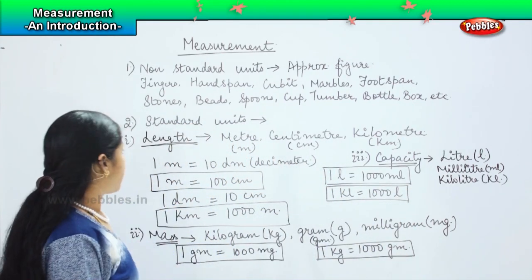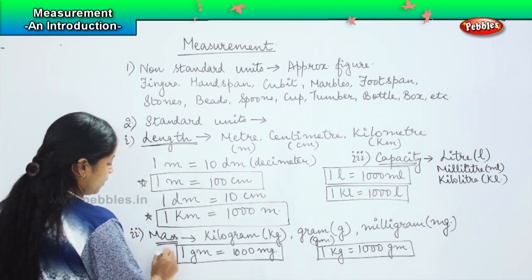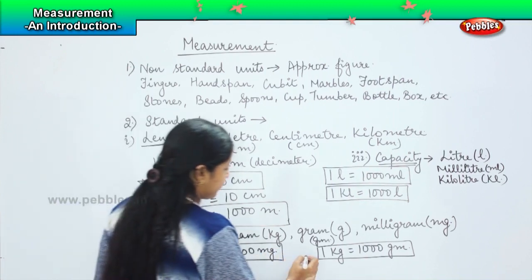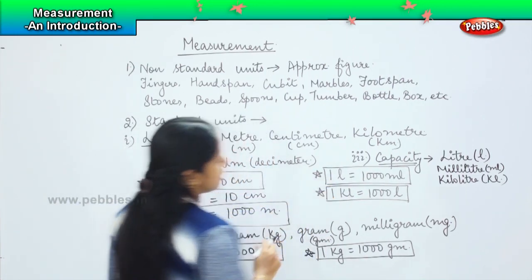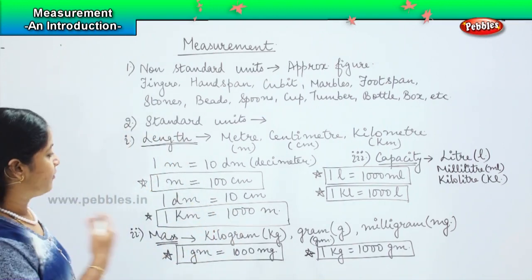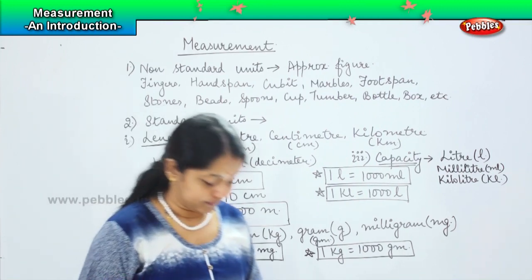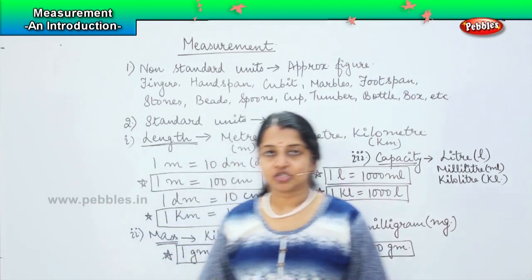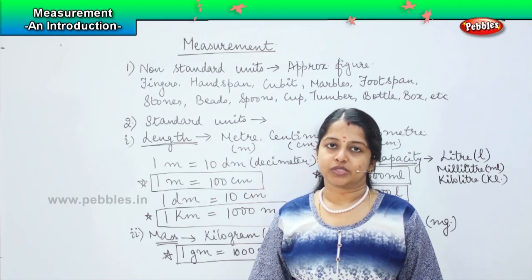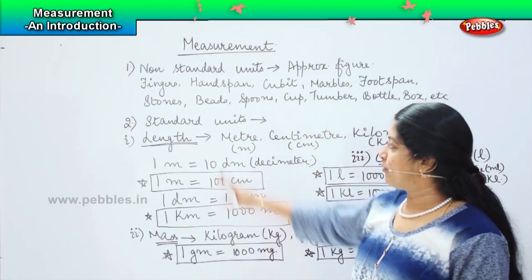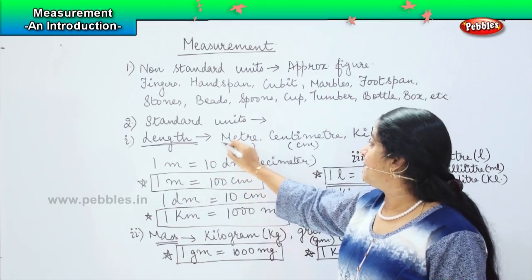So if you see together, we have 1, 2, 3, 4, 5 and 6 main units of measurement which we have to remember before proceeding further. So I think you have understood what these units are and how and where we use them. Okay. So whenever we have to measure something in terms of length, the unit used is meter.